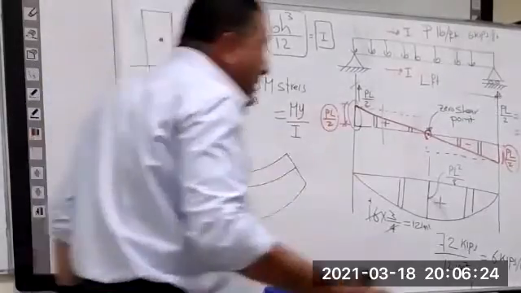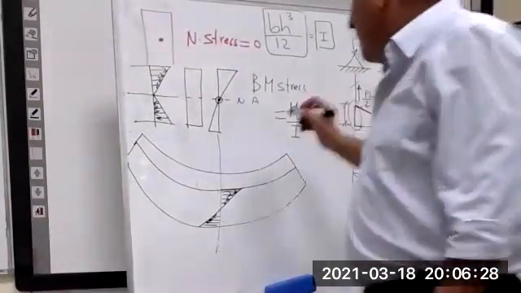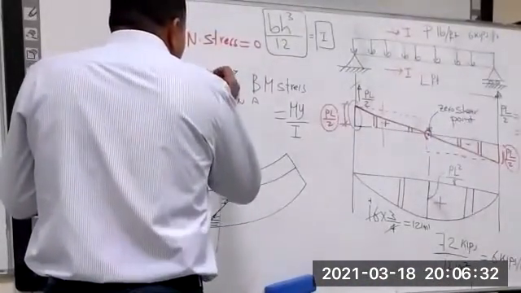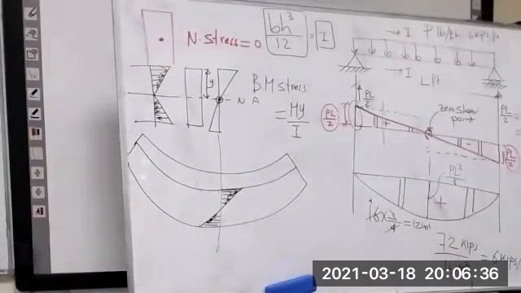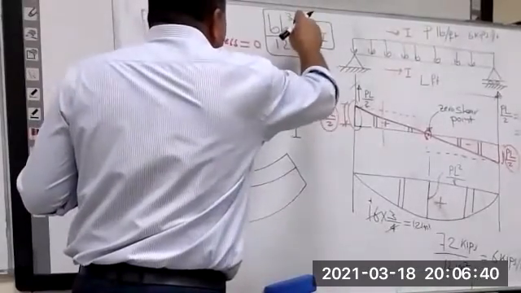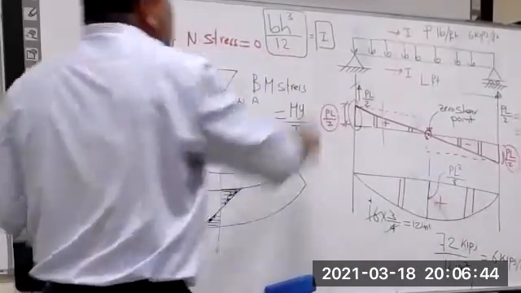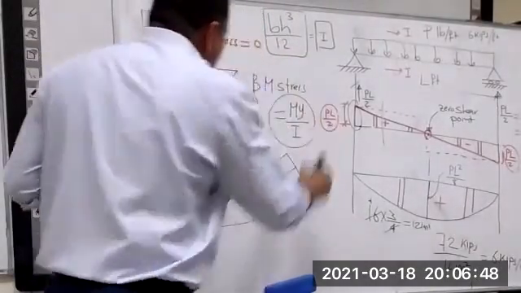I am talking about moment stress, whose value is equal to M, the maximum moment in the middle of the section, multiplied by Y, this is Y now, divided by the moment of inertia, equal to BH cubed over 12. Now the formula here. Where is the maximum?